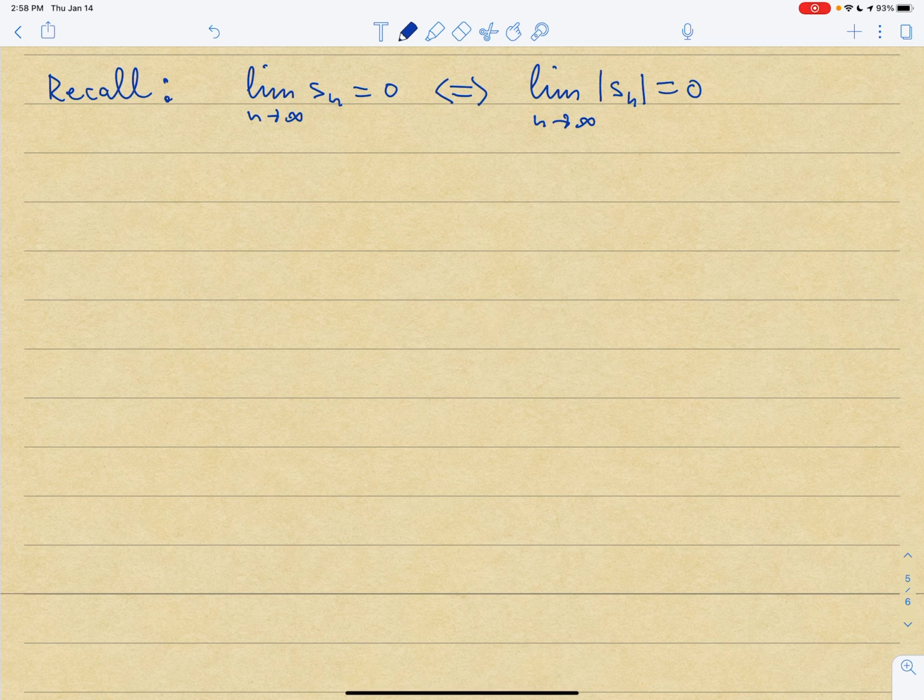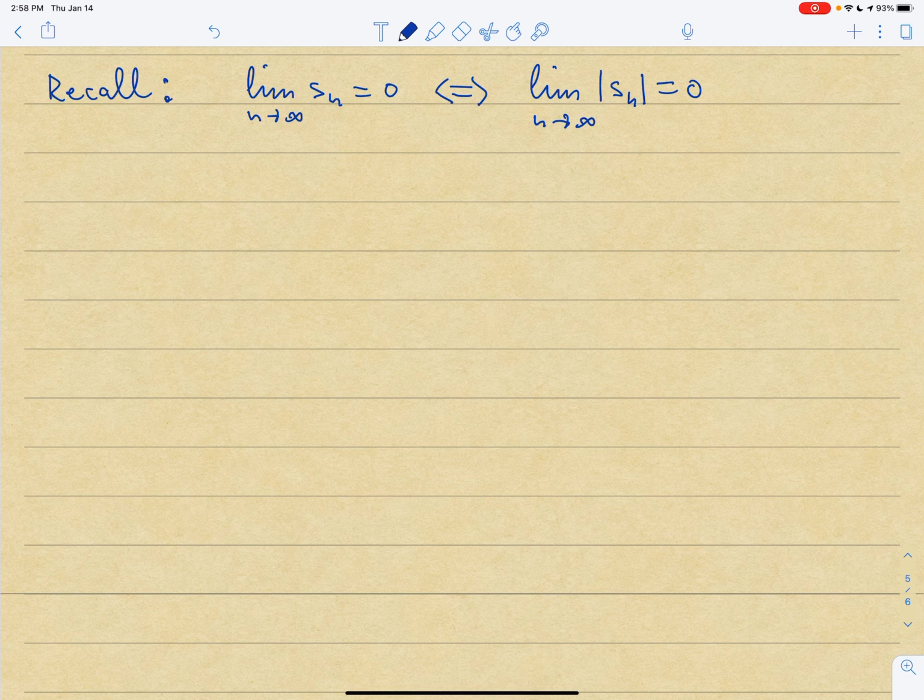So recall that the limit of Sn being equal to 0 can be shown to be equivalent to saying that the limit as n goes to infinity of the absolute value of Sn is equal to 0, right? The right side implies the left side, and the left side implies the right.